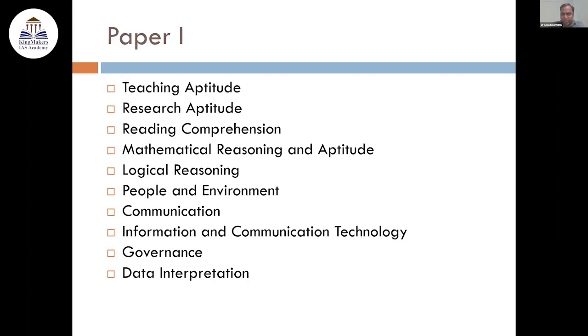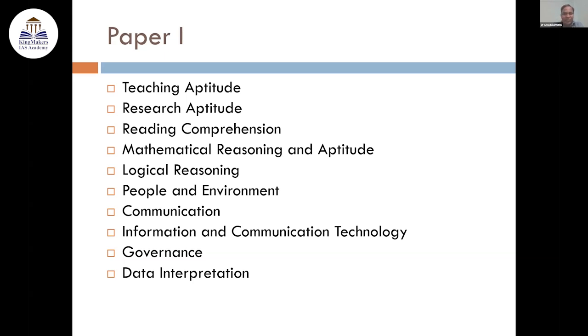Now, with regard to the topics, as said earlier, paper one consists of teaching aptitude, research aptitude, reading comprehension, mathematical aptitude, people and environment, communication, ICT, governance, and data interpretation. Some of you, coming from a social science background, may feel that this is too much.